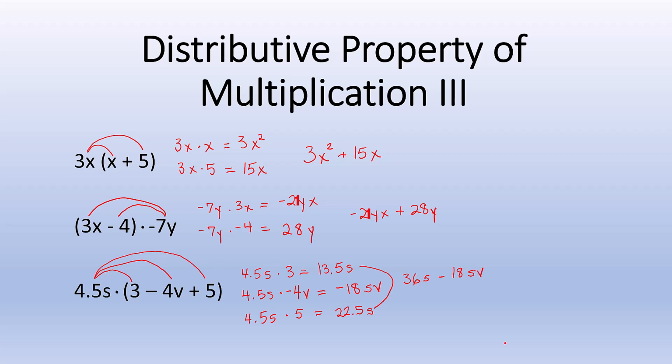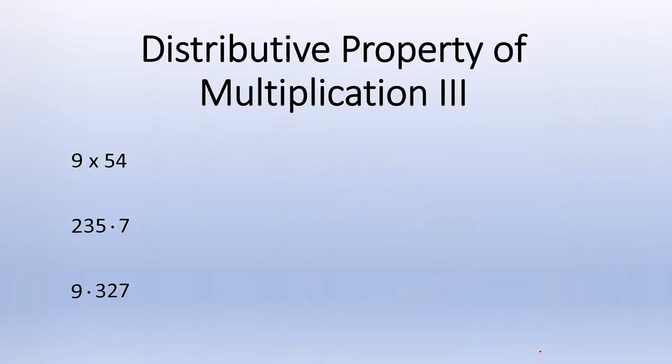Okay, so before we finish this lesson, I want to show you how you might actually use the distributive property of multiplication to help you in solving a problem like, let's say, 9 times 54, 235 times 7, or 9 times 327.